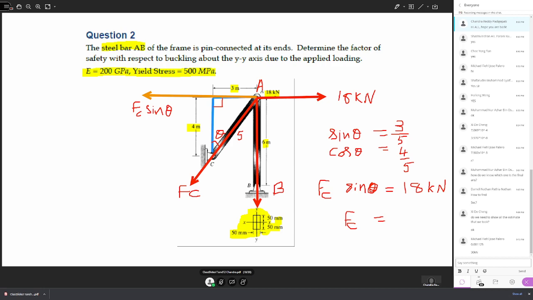That's correct, Michael. So FC, you get 30 kilonewtons. Then we are more interested to find out the force acting along the steel bar AB. So how to find out force acting along AB?